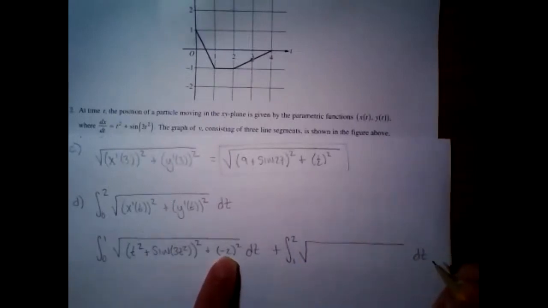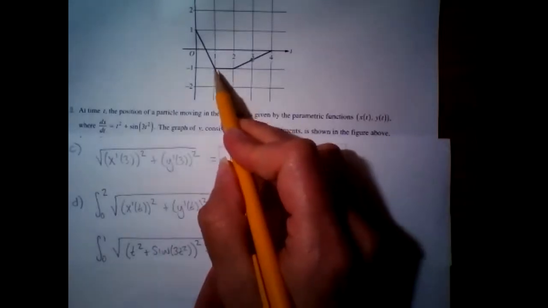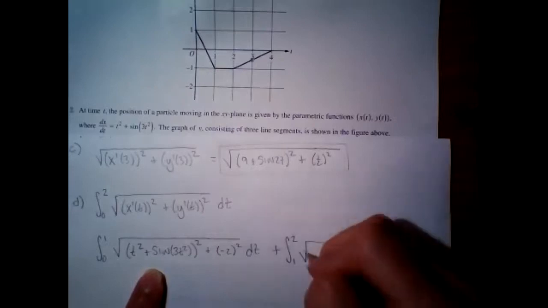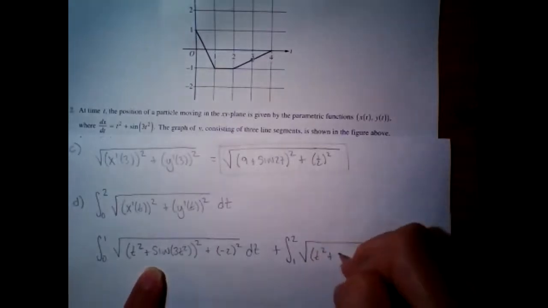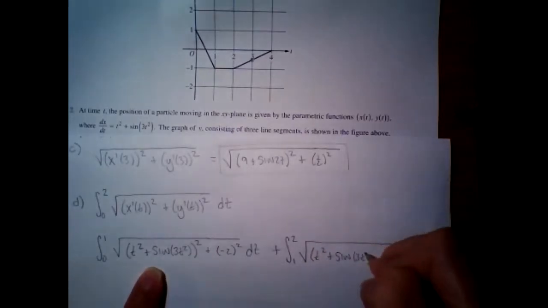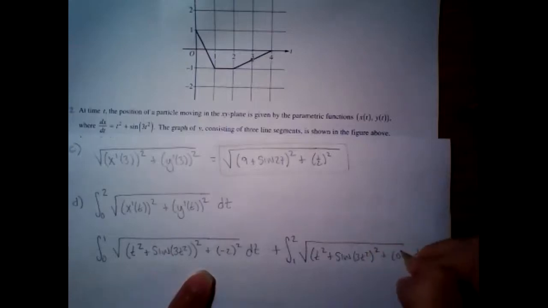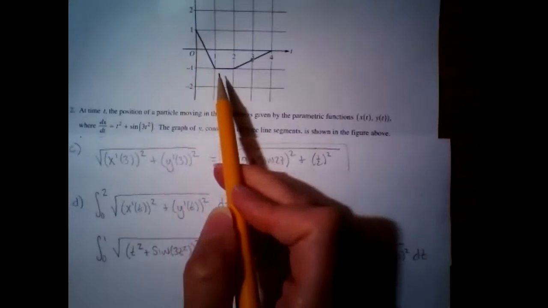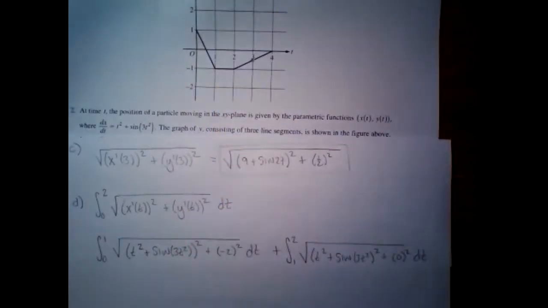The only thing is the -2 is going to change to a 0. That slope changes to 0 there. Otherwise, I'm just copying this over. And so because that slope, that rate changed at 1, we had to split it at 1.